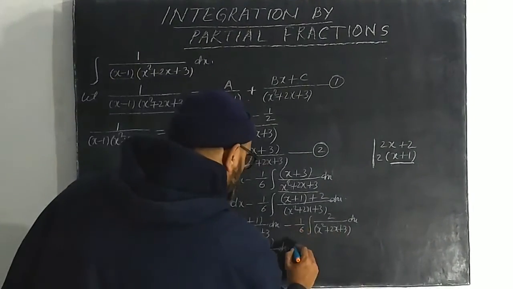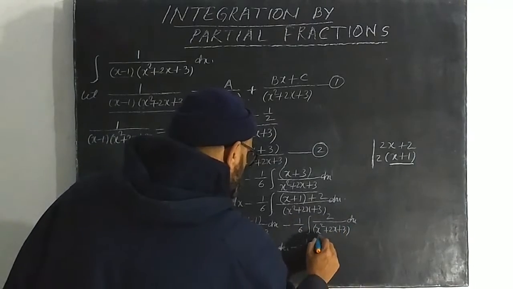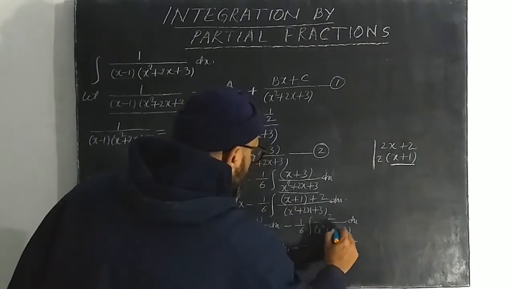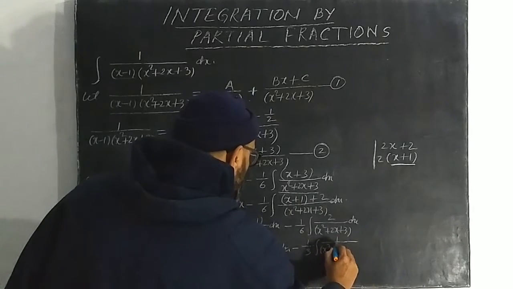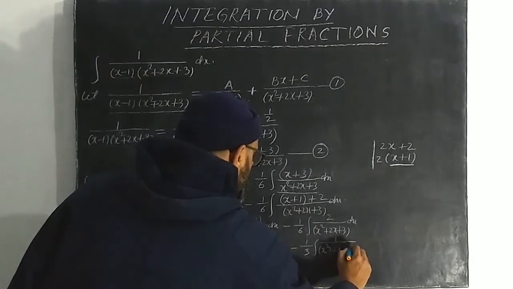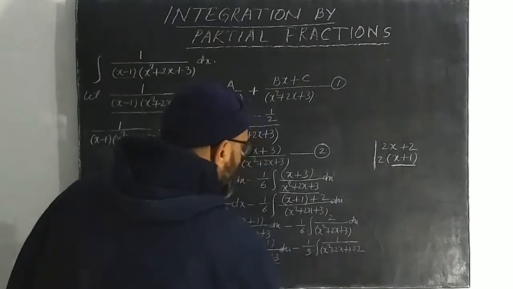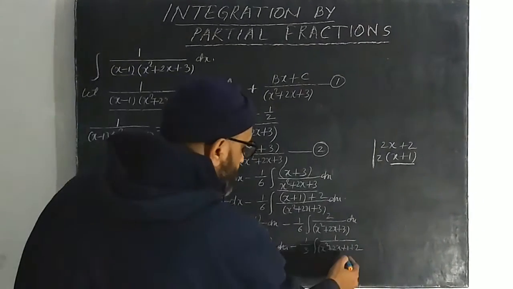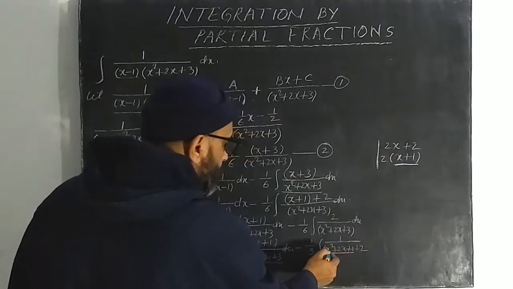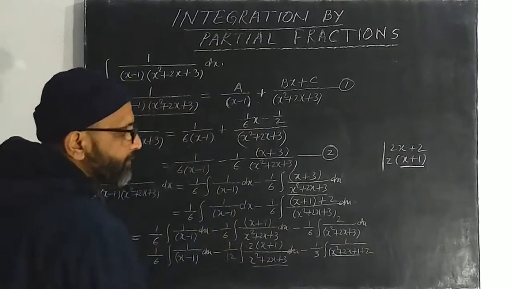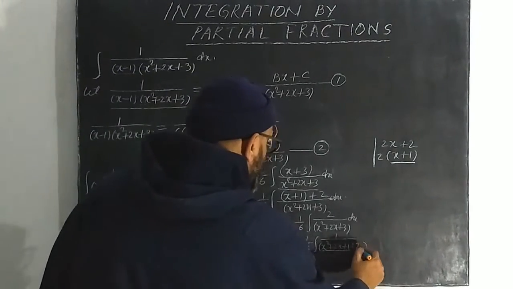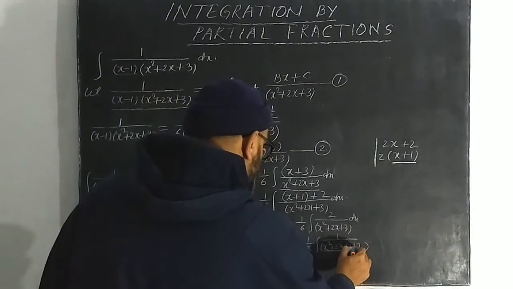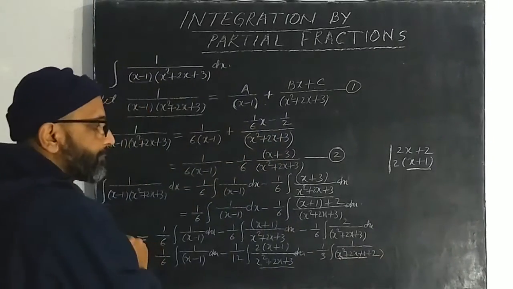And here 2 may be taken out, so we may have 1 upon 3 integral 1 upon, and here this expression may be written as x square plus 2x plus 1 plus 2. What we have to do is write this expression in a standard form, so that we may integrate it easily using a particular standard formula.